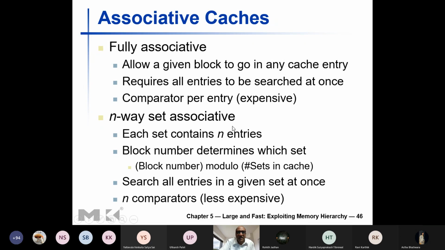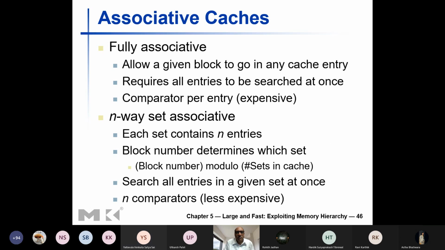Whereas in n-way set associative, the cache is organized like this: suppose the cache can accommodate 1,000 blocks, and depending on the n in n-way associative, you can divide the cache into, for example, 256 sets. Even though the cache can accommodate 1,000 blocks, you are dividing it into 256 sets, where each set can hold 4 blocks.